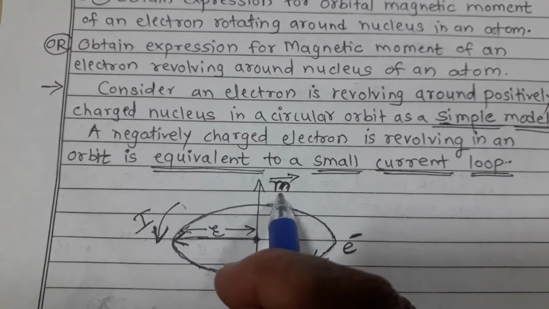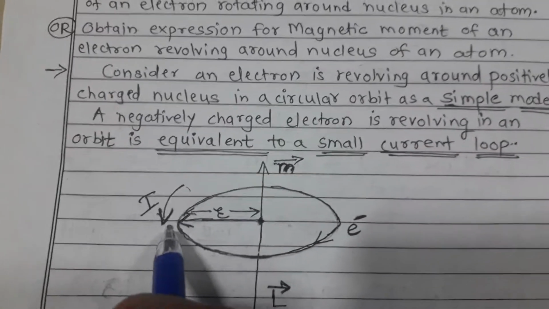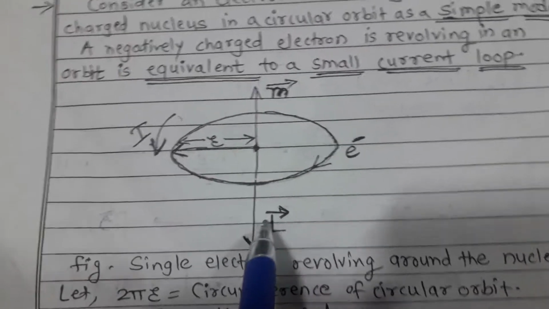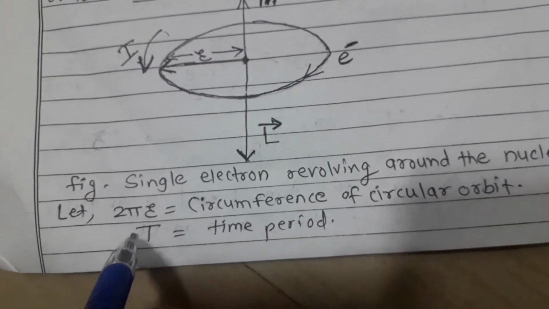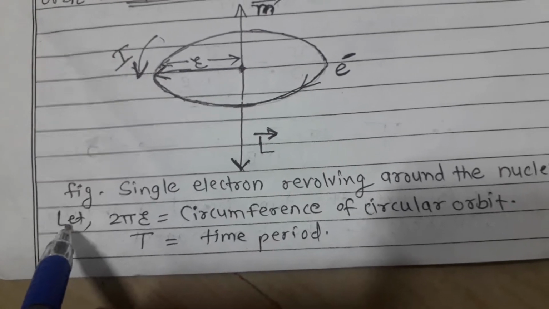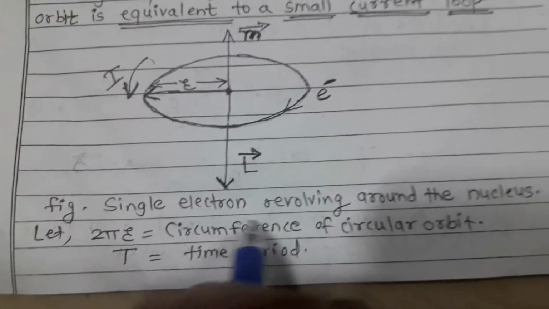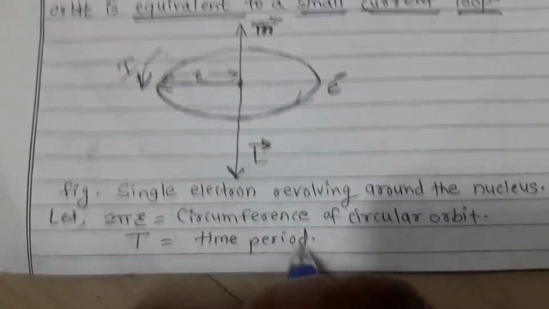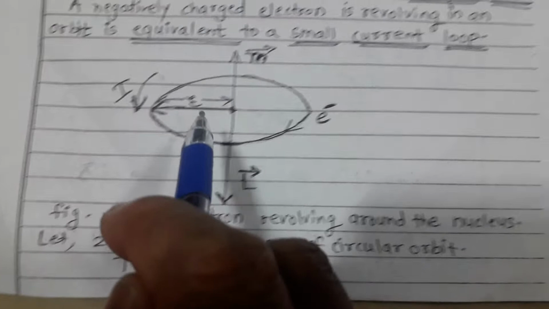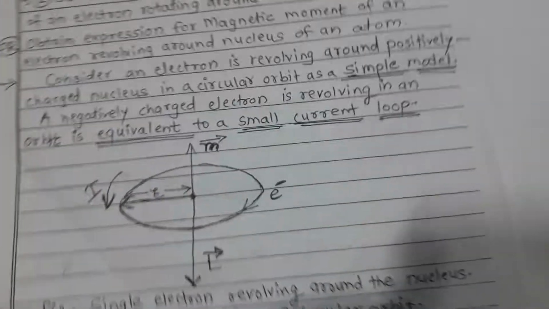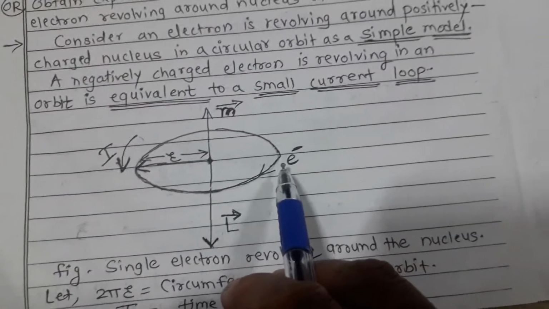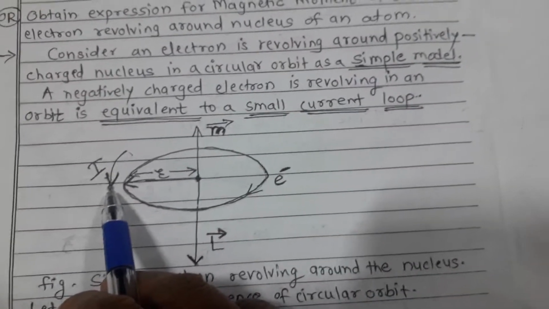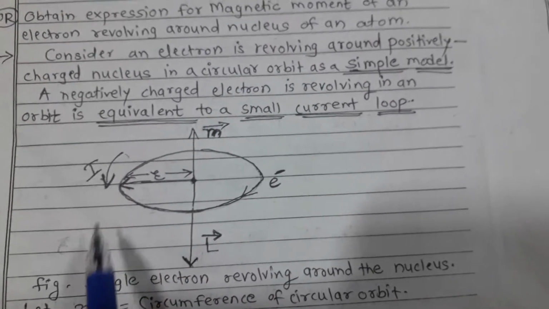Small m bar is magnetic moment, I is current flowing through this circular loop, and capital L bar is angular momentum. See here, let 2 pi r be the circumference of circular orbit, capital T the time period, r the radius of circular orbit. Now the other notations, E minus, L bar and m bar and I, are also described here.